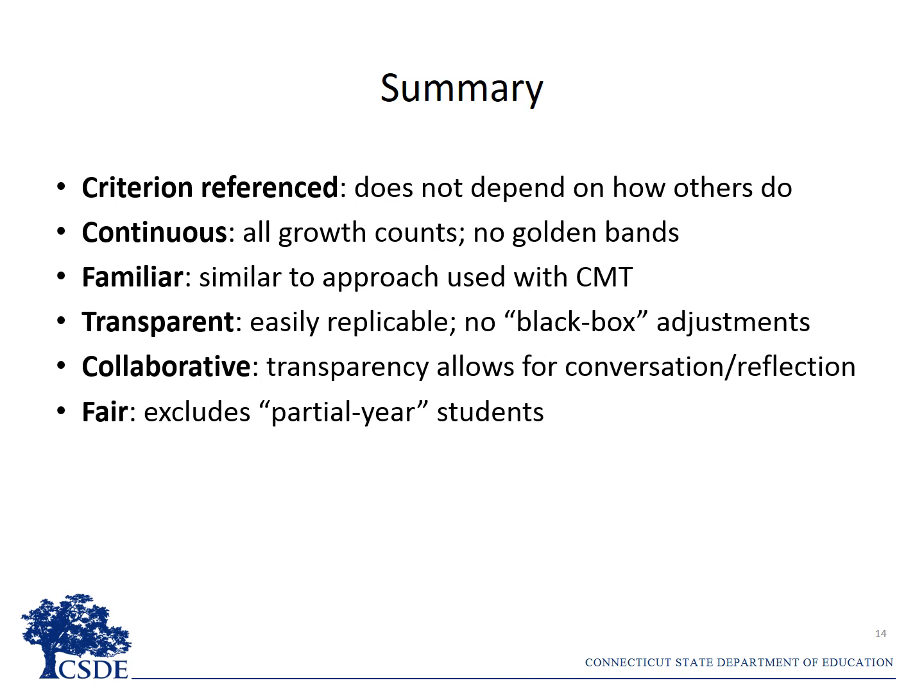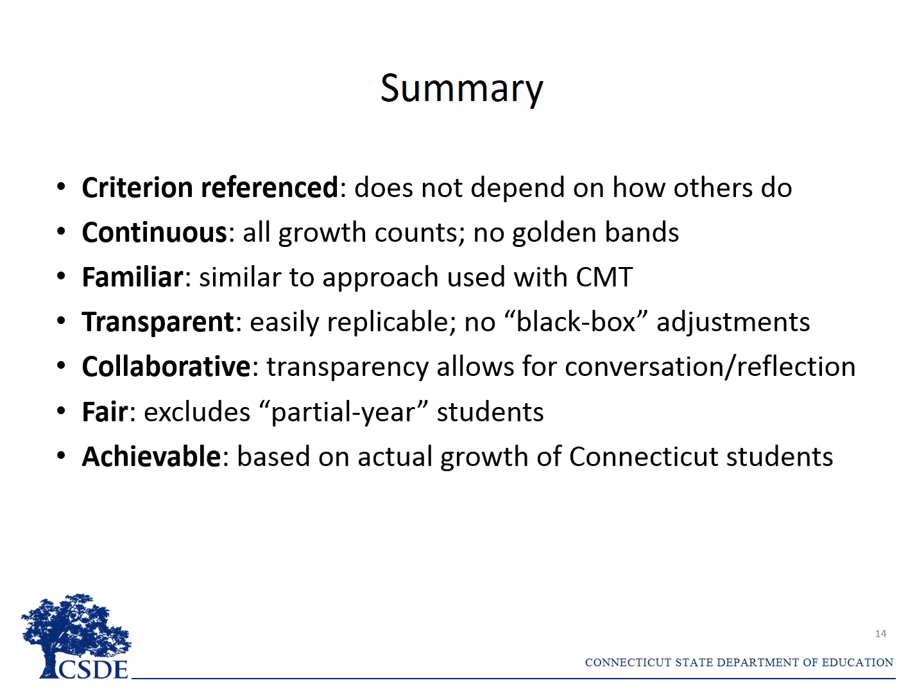Only those students who were enrolled in the same district or school on October 1st and at the time of testing are included in the calculations. It is achievable because it is based on the actual growth achieved by Connecticut students. And lastly, it is ambitious because the model encourages growth above the target.